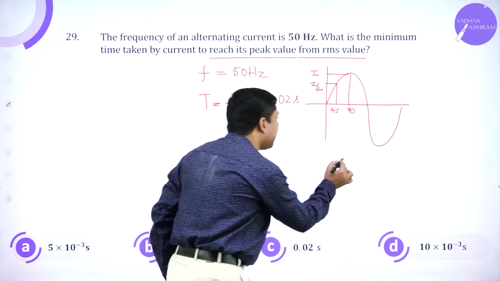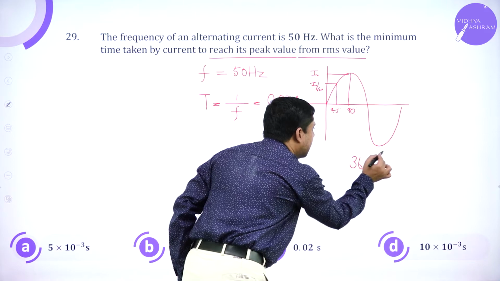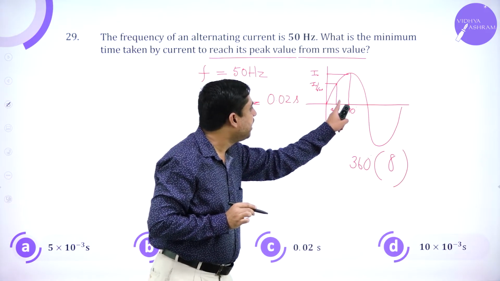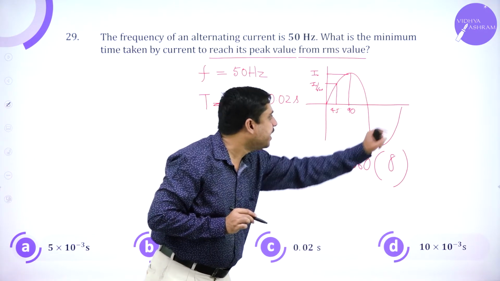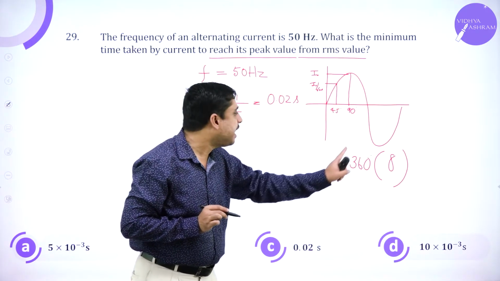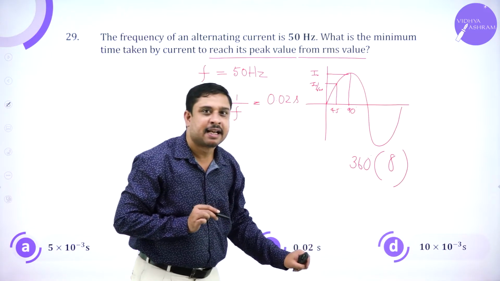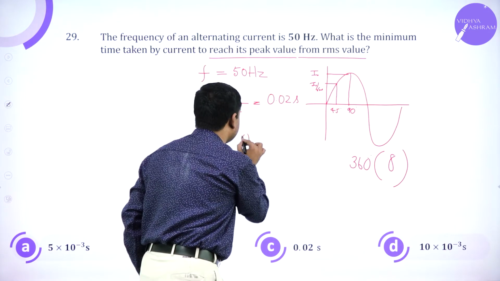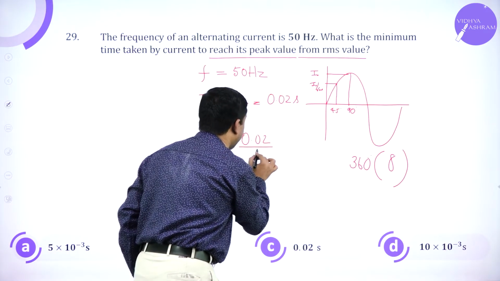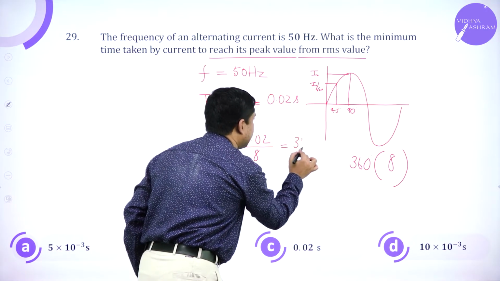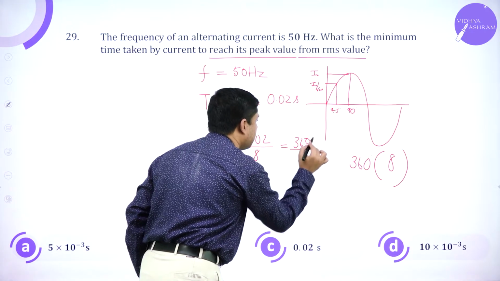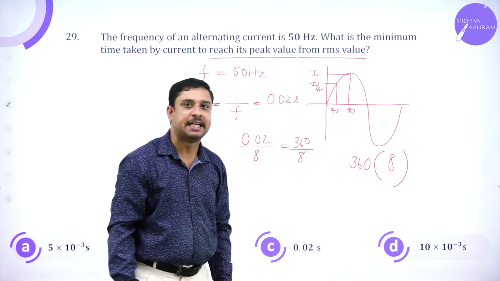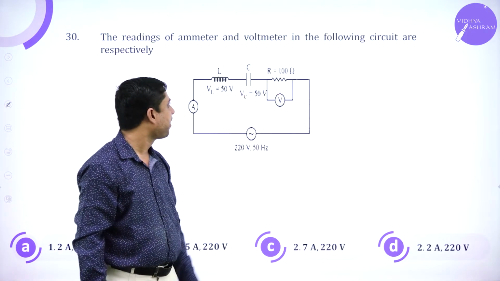If I equate it to 360 degrees, then I have 8 portions of the curve. 45, 90, again 180. So similarly 360 degrees complete cycle is 8 portions. So 0.02 by 8, the 360 divided by 8. So 2.5 milliseconds should be the answer.